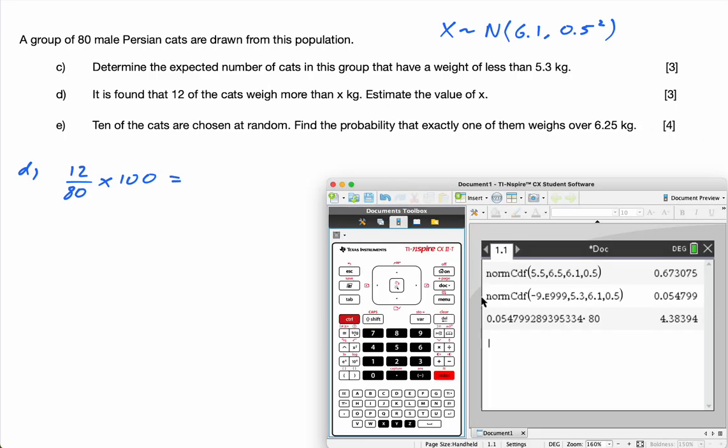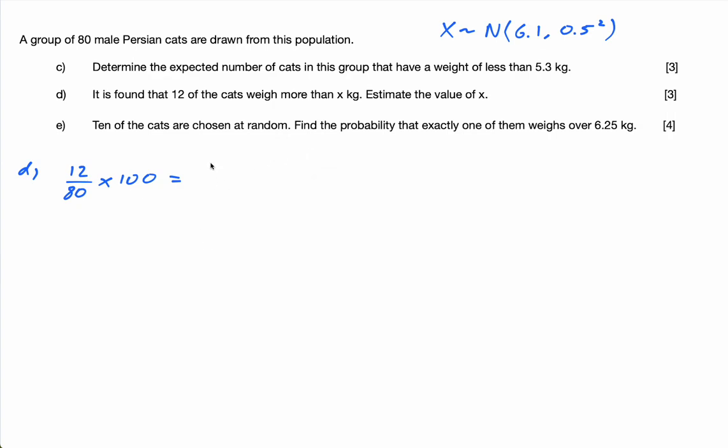And the answer to that is 12 over 80 times 100, which is 15. Okay, nice. So that's exactly 15%. So now it's like saying 15% weigh more than what?